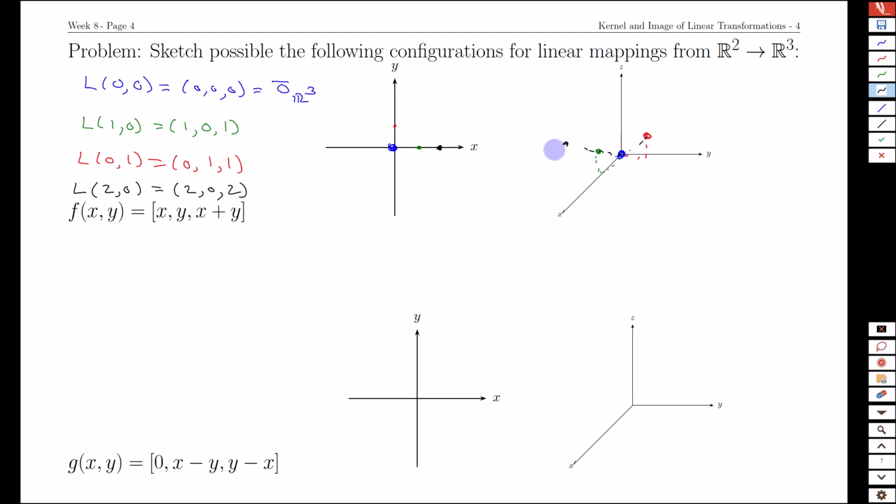With the linearity, it probably doesn't come as a huge surprise that we're talking about some kind of plane in 3D here. So a plane through the origin. The image of L is equal to a plane through the origin.